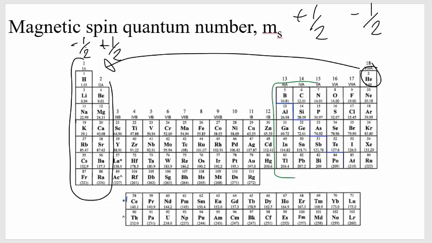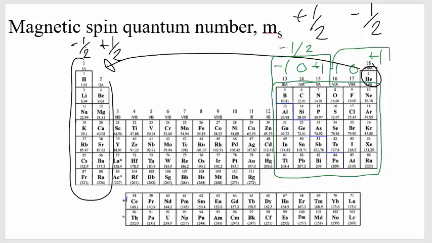Then here, for the other part of the main group elements, we know the M sub L values. I'm going to write them out here. We have -1, 0, +1, and then it continues again, -1, 0, and +1. Now, this first section here would have M sub S values of -1/2, while the second part has values of +1/2.